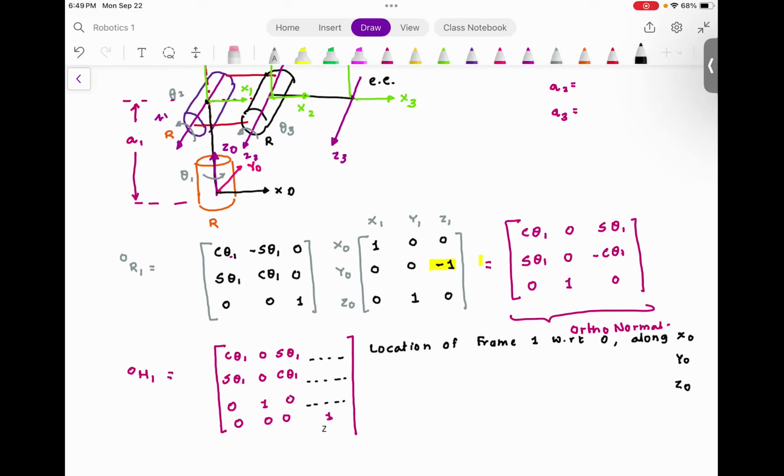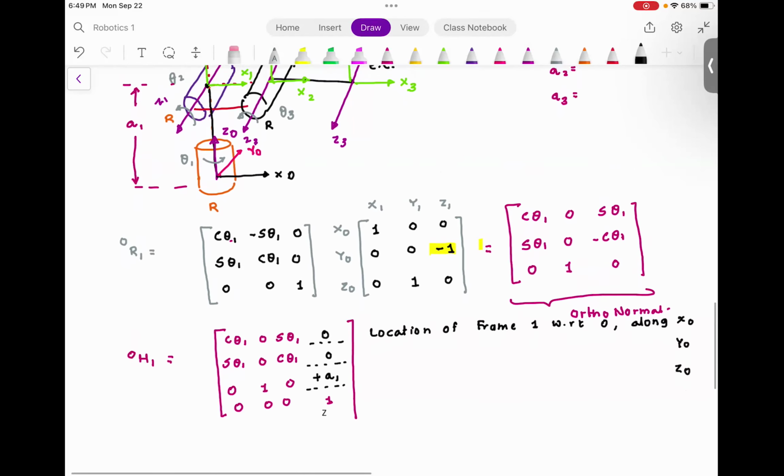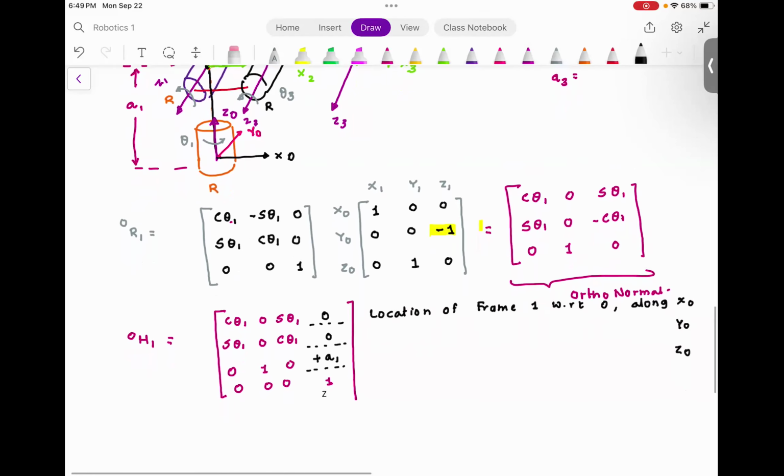Do you agree with me? Now this a1 distance is extremely important. This a1 distance is in the positive z0 direction. You have to go up. So this a1 is positive. So 0, 0, positive a1. You agree with me? This is going to be your first homogeneous transformation.